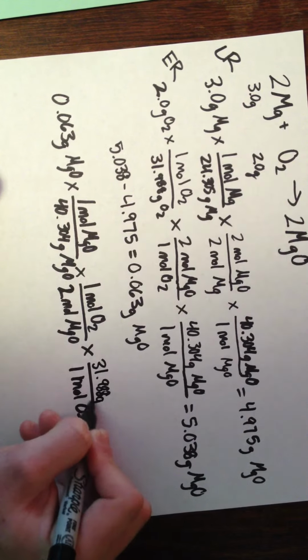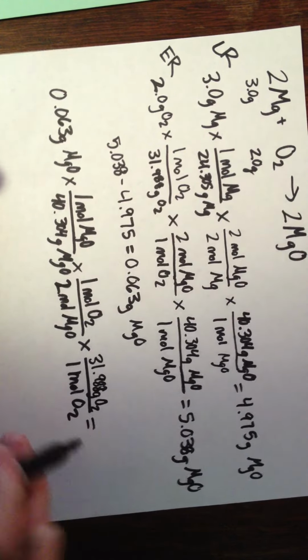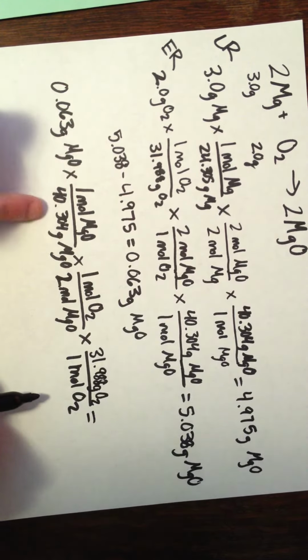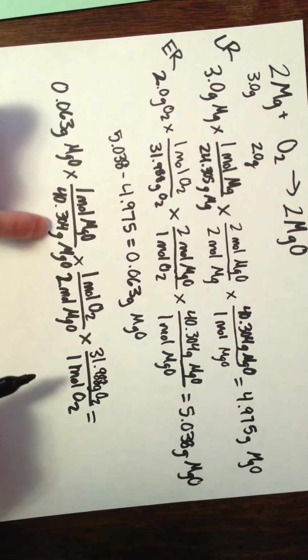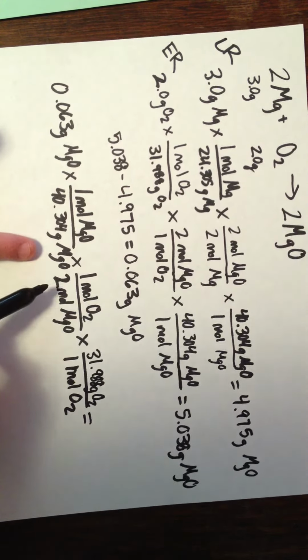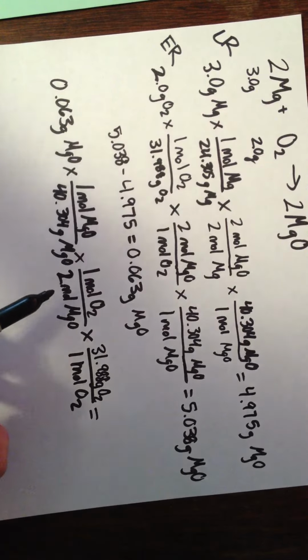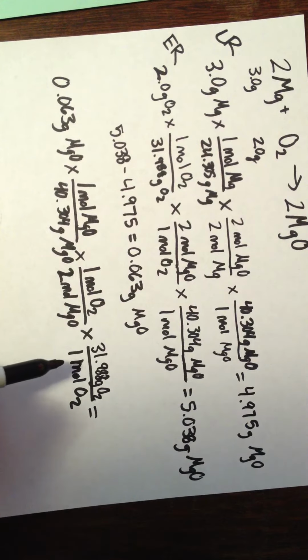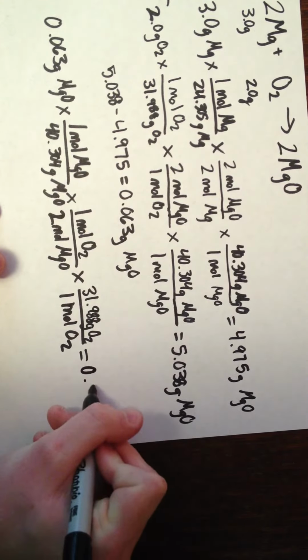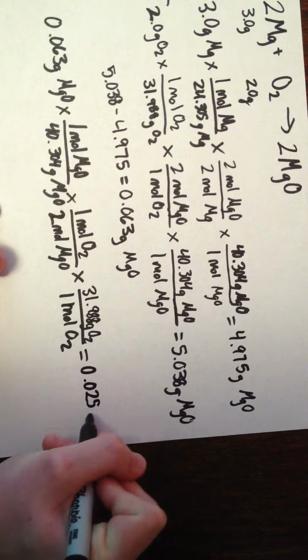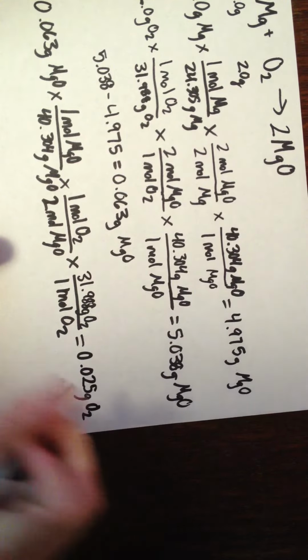And it comes out to be 31.988 grams. And then do that all the way through: divide by 40.304, divide by 1 over 2, which would be 1/2, and multiply it by the 31.988 grams, and you come up with a total of 0.025 grams of O2.